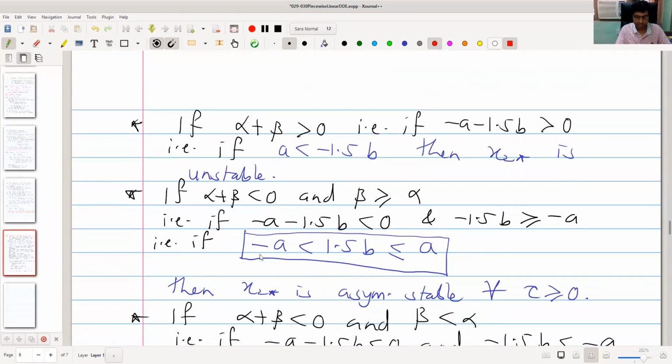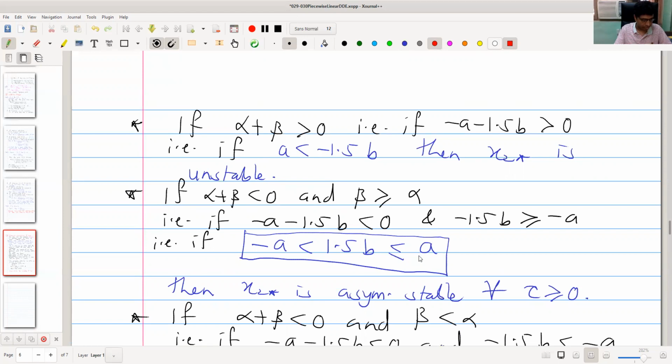Second condition, 1.5b is between minus a and a. Is it possible here? Here 1.5b means 1.5 into 0.2. So it is 0.3. Let me check.